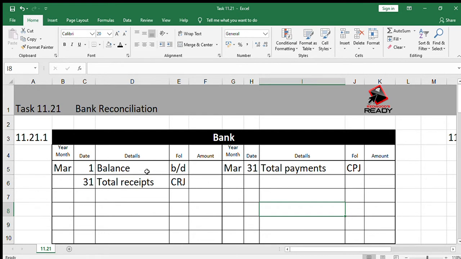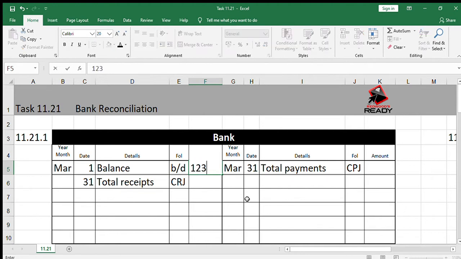Then what we're going to do is, because we're updating this ledger account, we're just going to bring in the figures. The balance brought down, there aren't any adjustments for it, so I'm going to bring that into the column. But the total receipts and total payments on the CRJ, we'll open up a bracket and put the amounts in there, and then just adjust as we need to.